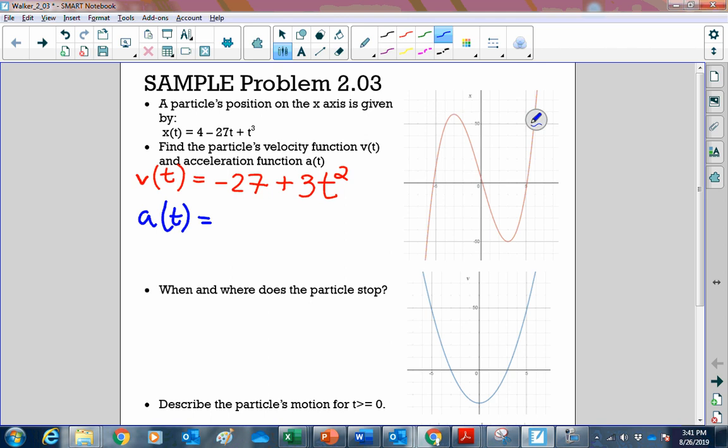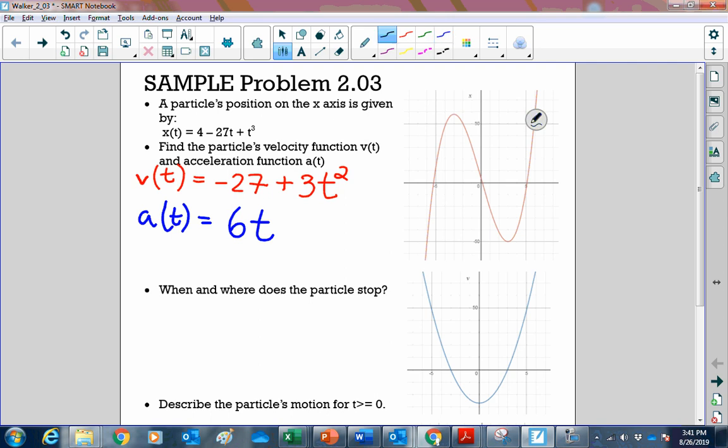Okay, and then when I multiply 2 times positive 3, I get my coefficient here is 6, and then I have t to the first power, or just t. Okay, so now I have my two functions, and I already graphed them. I just wanted to display these for us to show each function.